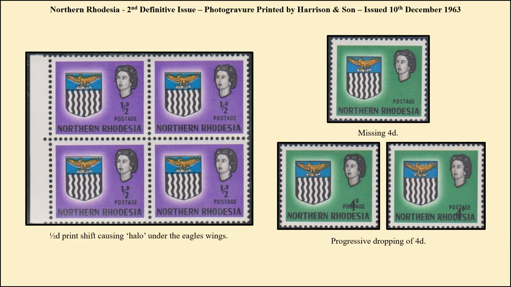Here we have a dropping of the printing on the badge, leaving the eagle with a halo effect under the wing. And then over on the 4pennies, you've got the missing value and the progressive dropping of the 4penny value on the bottom 2 stamps there.